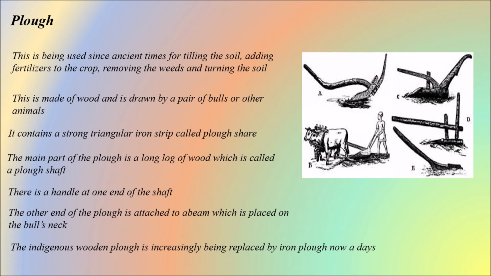It is made with a strong triangular iron strip called plowshare, and the main part is the plow shaft. There is a handle at one end of the shaft, and the other end is attached to a beam placed on the bull's neck. Nowadays the wooden plow is being replaced by the iron plow.